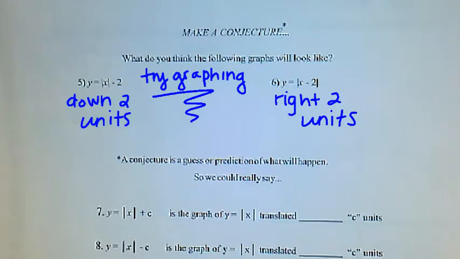So a conjecture is basically just a guess or a prediction. This is definitely an important word. Great vocab word for the Regents.